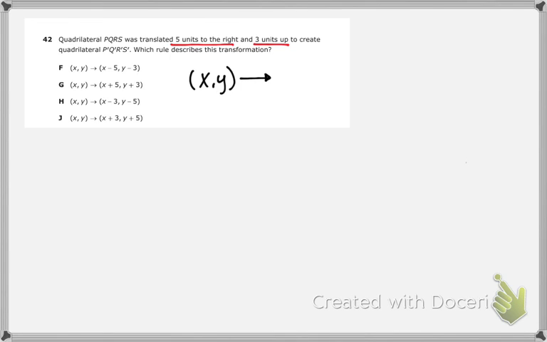Then we do that arrow to say that we're changing it. And since we're going to the right 5, we're adding 5 to the x values. And since we're going up, we're adding 3 to the y values. Remember, right is always plus, left is minus, up is plus, down is minus. And so here our answer would be G.